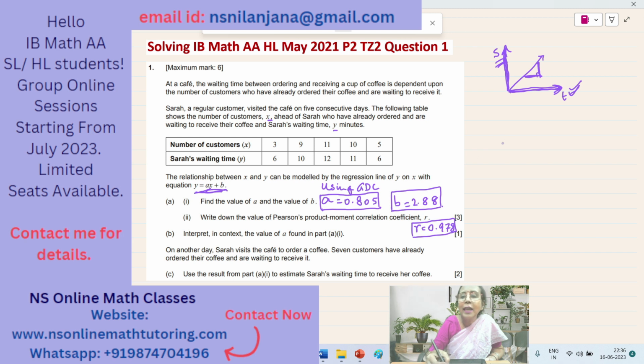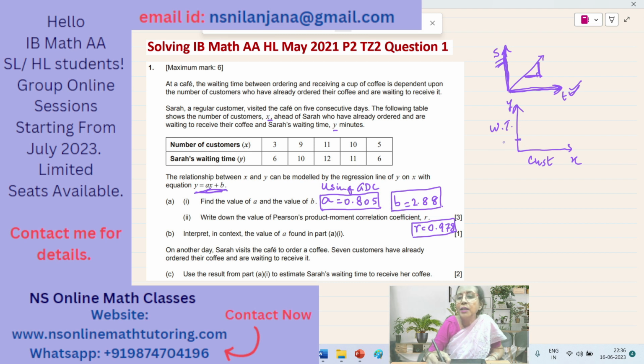But for this case, the x-axis will be the customers. And the y-axis will be the waiting time. And B is 2.88. So B will be the y-intercept.